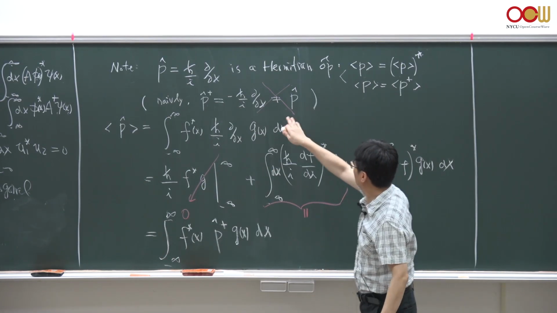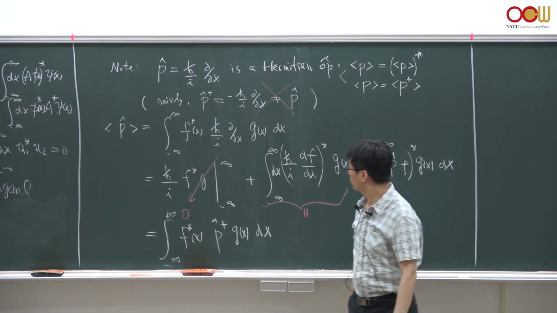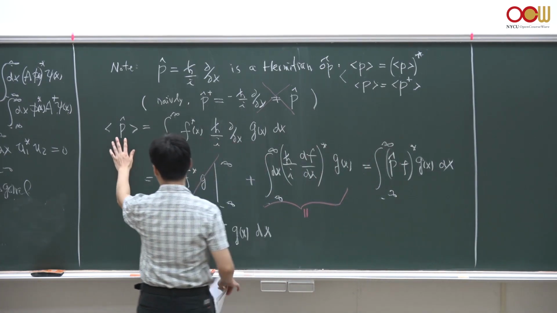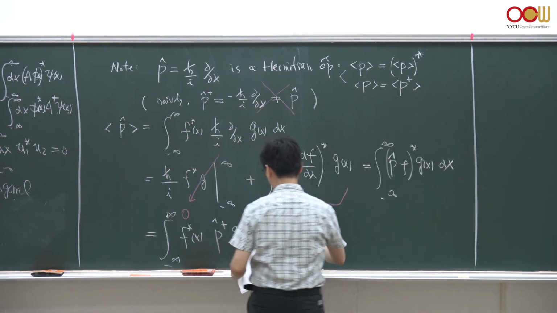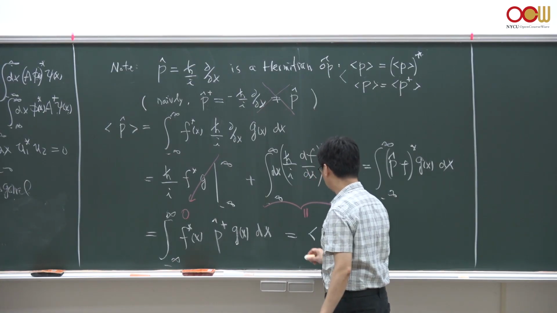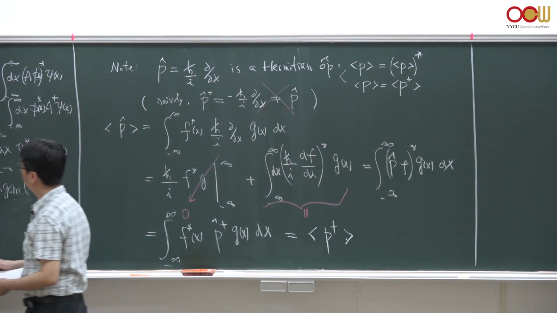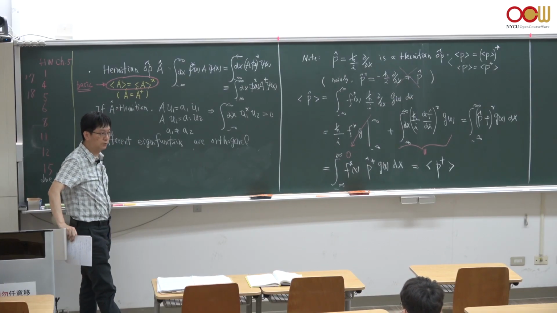How can I say that p is the same as p dagger? p is not the same as p dagger. However, we will show that the expectation value of p is the same as the expectation value of p dagger.